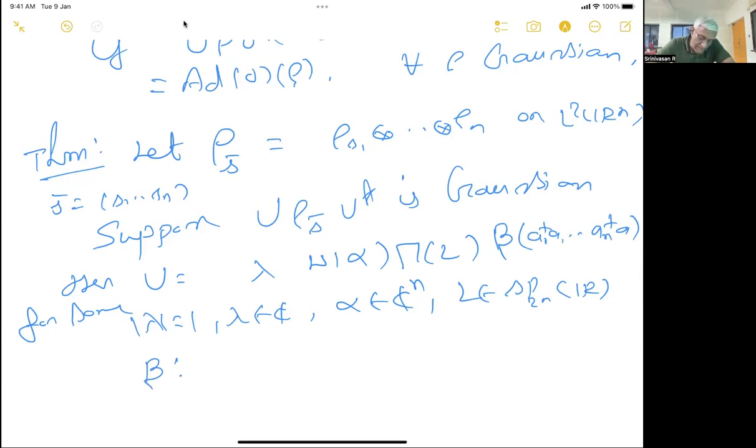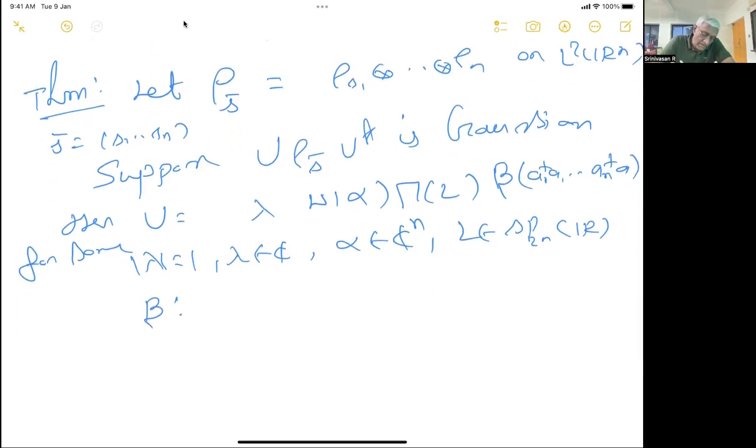Let me explain what it means. Beta is a function from Z0^n, the whole numbers 0, 1, 2 and so on, to the complex numbers of unit modulus, the circle.